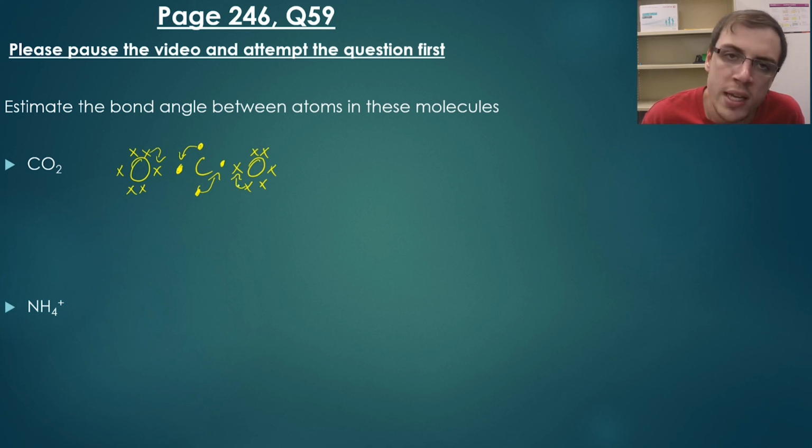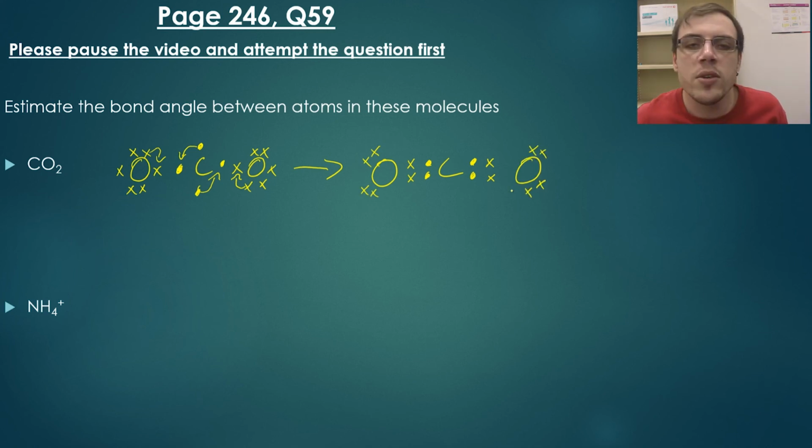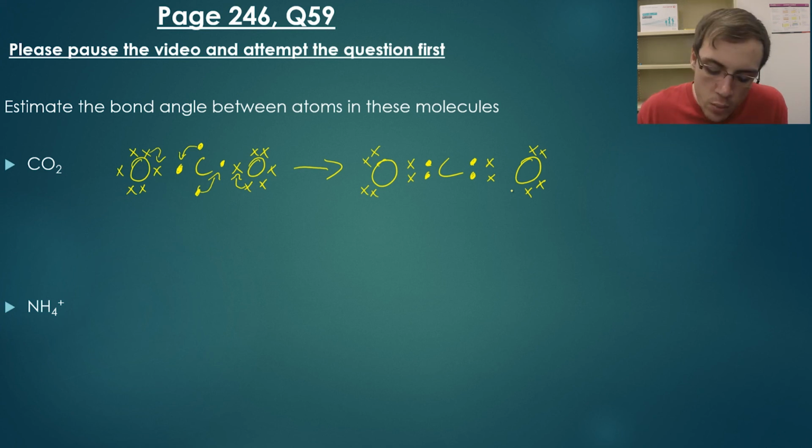It doesn't matter which one of these you choose, just as long as they form a pair. And what's going to happen is we're going to have this. It's going to form a double bond. So remembering, a bond is just 2 electrons. So when we have a double bond, we have 2 lots of 2 electrons.